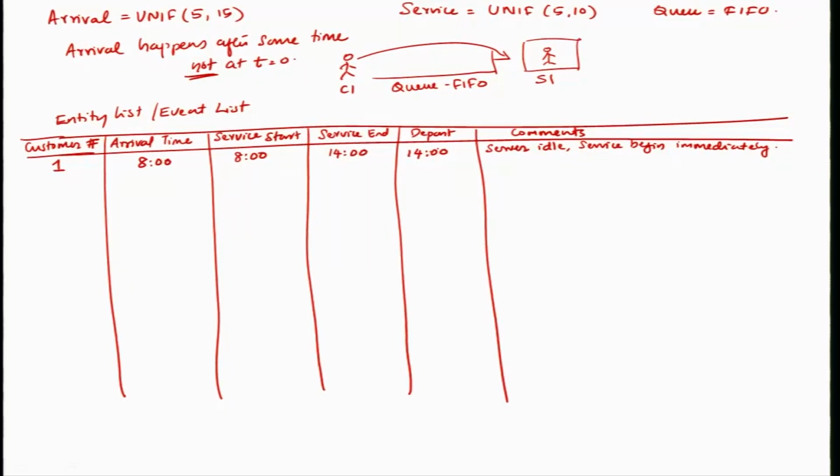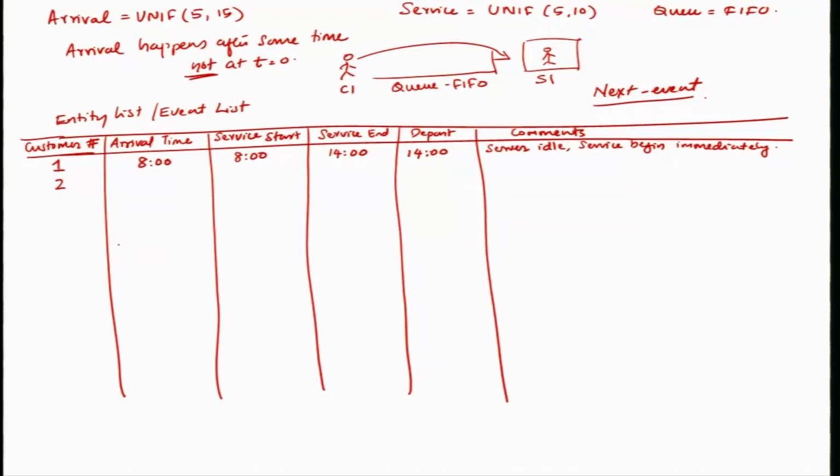And one arrival has already happened, you have to schedule the arrival of the next, because as I said it is a next event. So, every time you do one event you have to also schedule the next event. In this case our entity is the customer, so you schedule the next event, which is the next arrival, and again for that you sample a time, and let us say you got the value as 7 units.